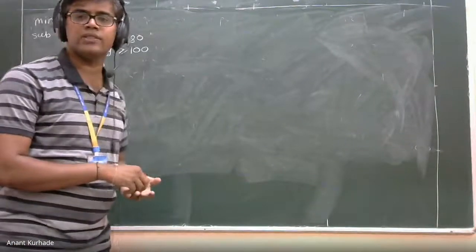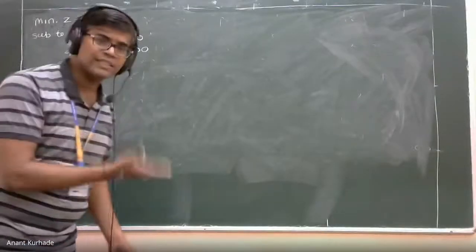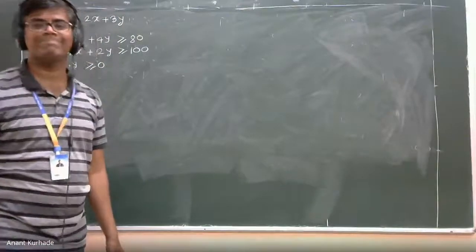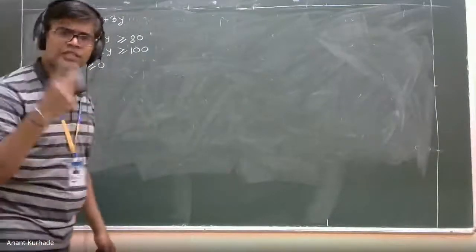There are how many constraints? Two. So on the x and y axes of the graph, you have to draw two lines. It depends upon the constraints: two constraints, two lines; three constraints, three lines.